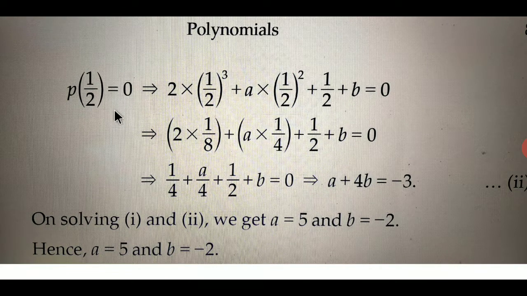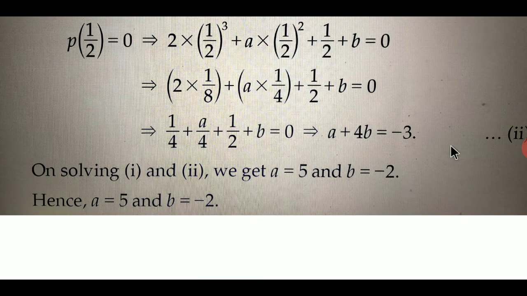Again p(half) equal to 0. From there you will get another equation, a plus 4b equal to minus 3. Simplify, solve equations 1 and 2 and you will get a equal to 5, b equal to minus 2. For solving equation 1 and equation 2, you can take help of the substitution method, elimination method, cross multiplication method, any method.